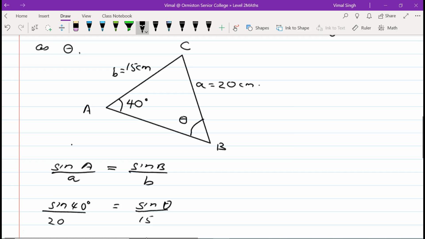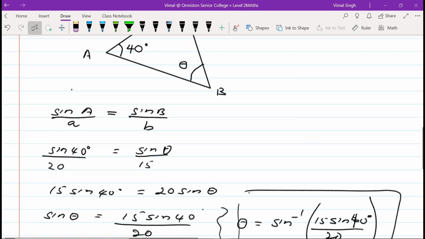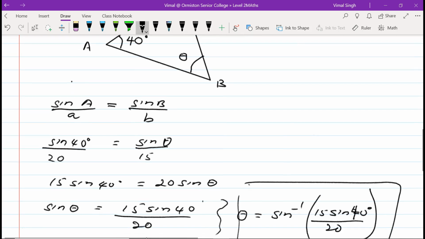And then the side opposite to angle B is 15 centimeters, and we have angle theta over here, which is marked for angle B. If I'm going to solve for sine theta, I can write this as 15 times sine of 40 is equal to 20 times sine of theta. In other words, I am going to cross multiply these over here.